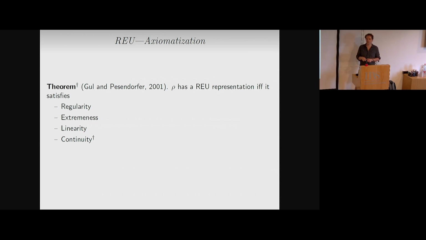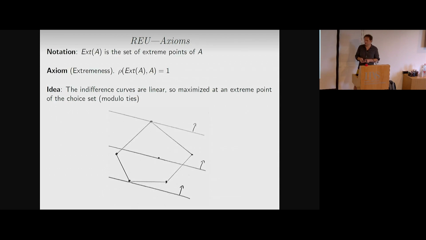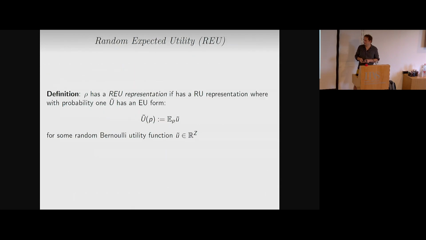Yeah, I had a question back on the random utility. You mentioned that you might have a subject with unstable risk aversion, and so you need more than one Bernoulli utility function. Yep. So here, each of the capital U's in the support of the probability that governs the whole thing has this form.